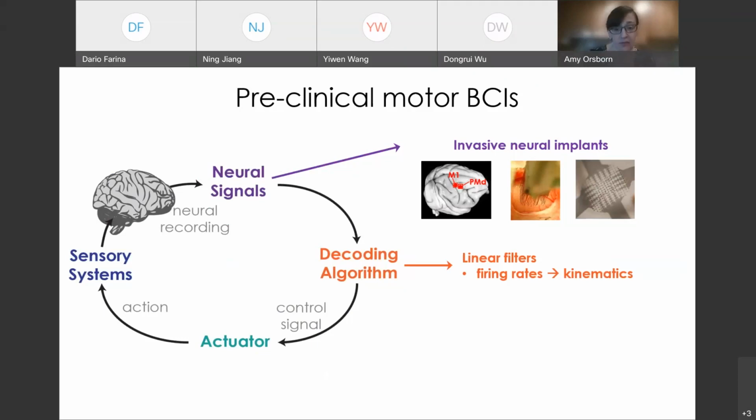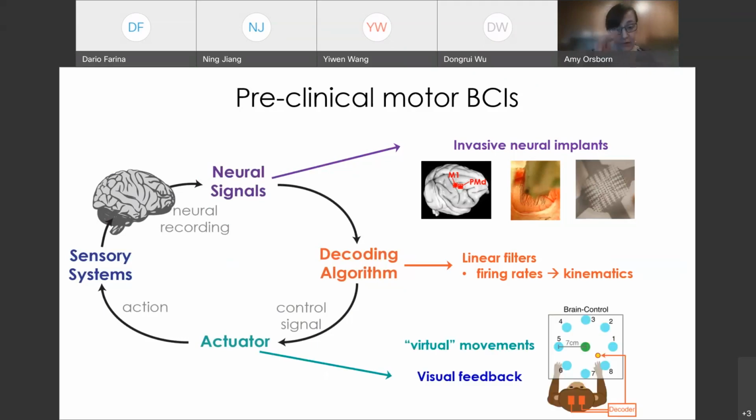So linear filters, like for instance, a Kalman filter, will just map the firing rate of neural activity into the kinematics of movement. And the movements that are being controlled, again, we keep relatively simple. So virtual movements, like controlling a cursor on a computer screen. So the position and velocity in continuous time. And the animals then have visual feedback of that cursor movement, which creates that closed loop control system.